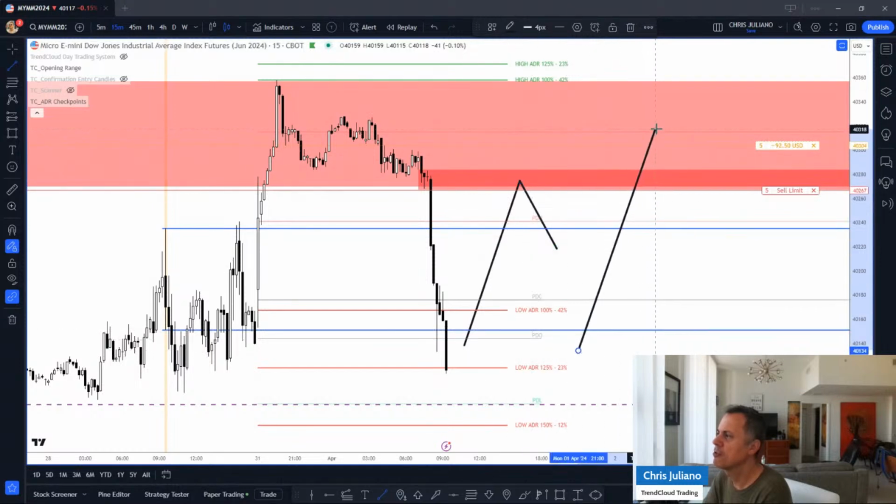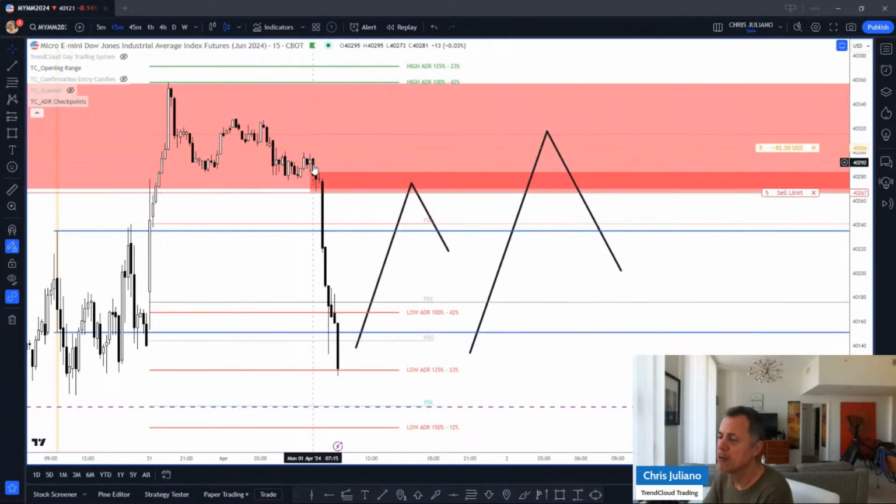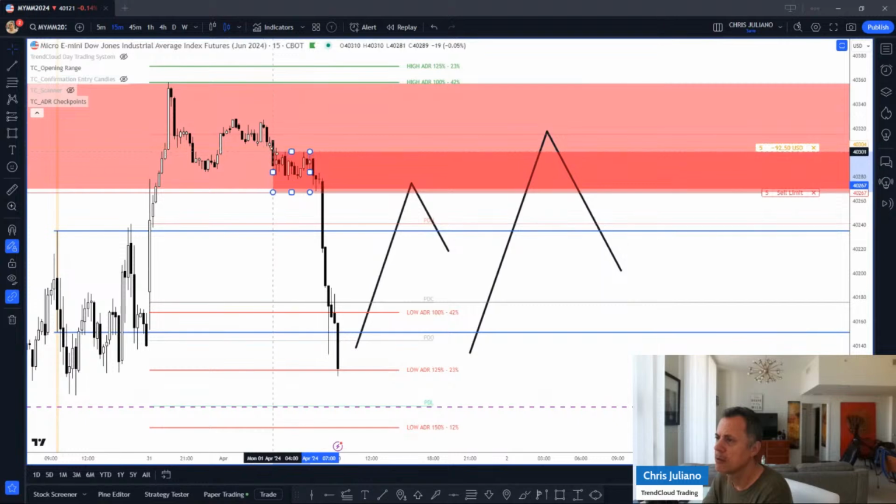Maybe it wants to go to this one. We don't know where inside here that's going to hit, right? But we do have a drop-base-drop. We've got this whole thing right here. You guys see that? Little consolidation pattern here.